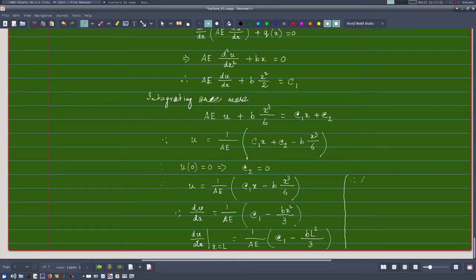So AE into du dx at x equal to L is my P, hence C1 minus BL square by 3 is my P, and therefore C1 is P plus BL square by 3, right?